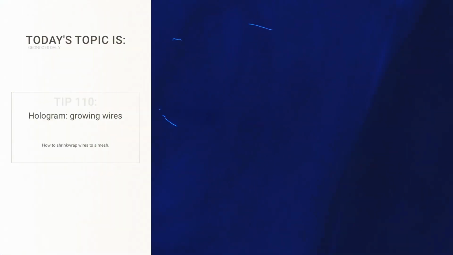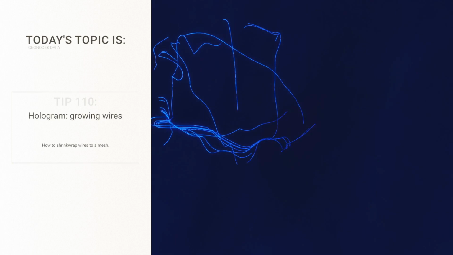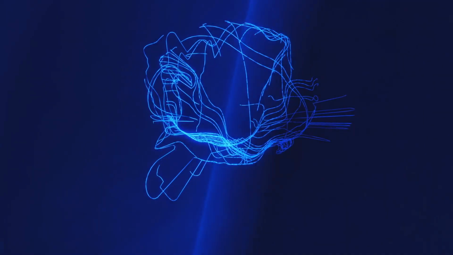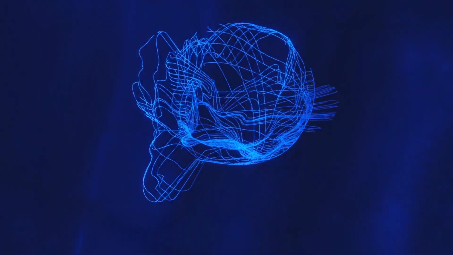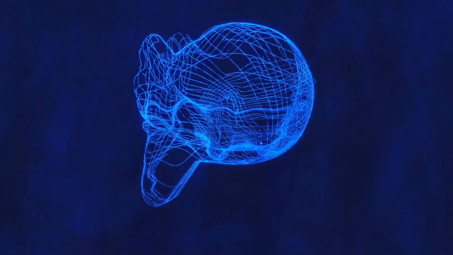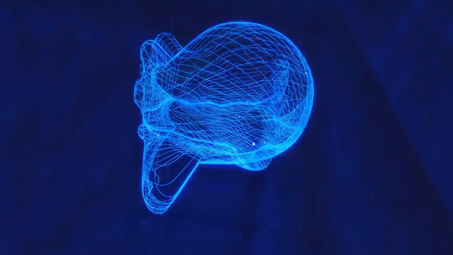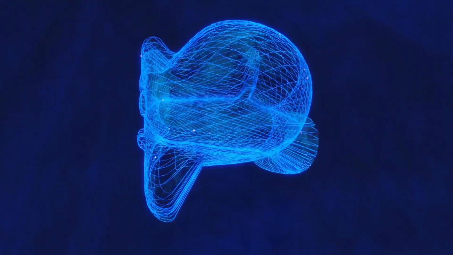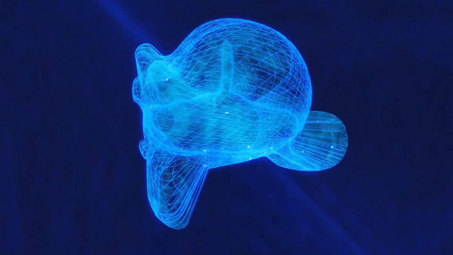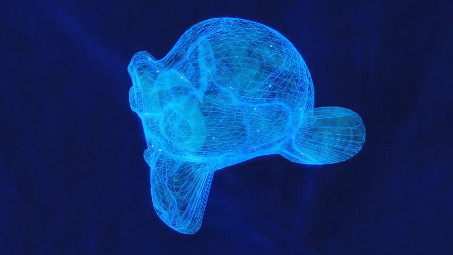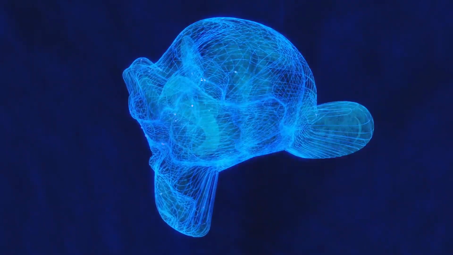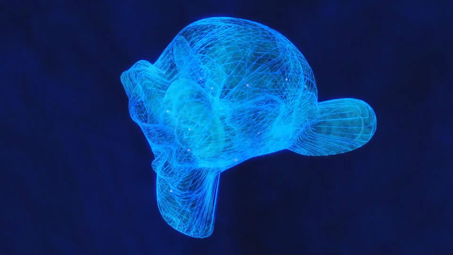Hello everyone, welcome to Geonodes Daily series where I explore some of my ideas to help you tap into the potential of geometry nodes. And as you can see from this demo, today we will explore the possibilities of creating a holographic shader. I'm gonna show you that in a future video.